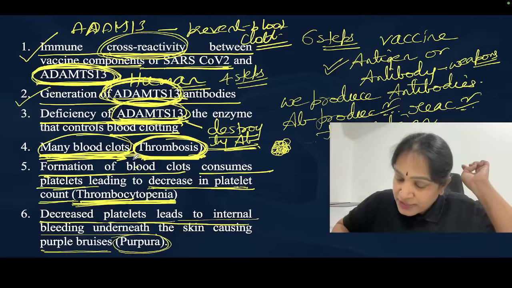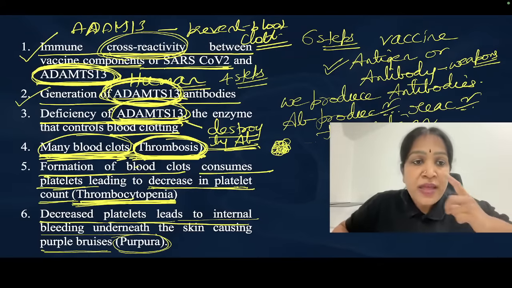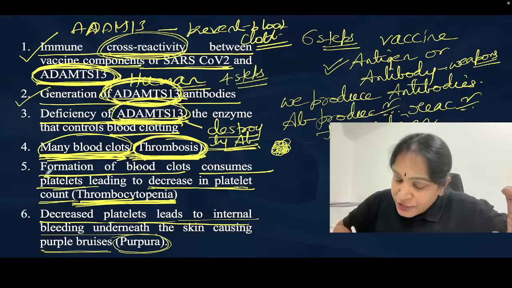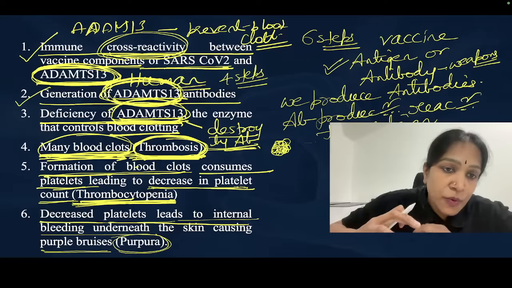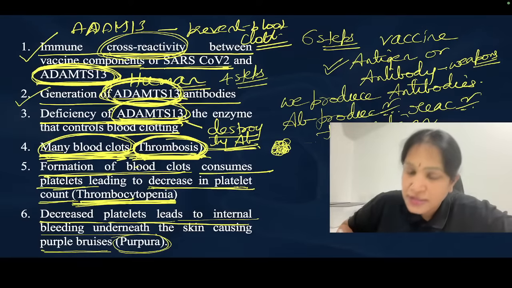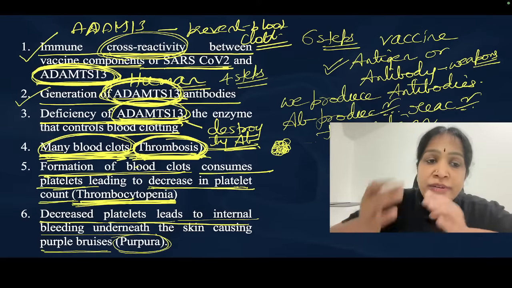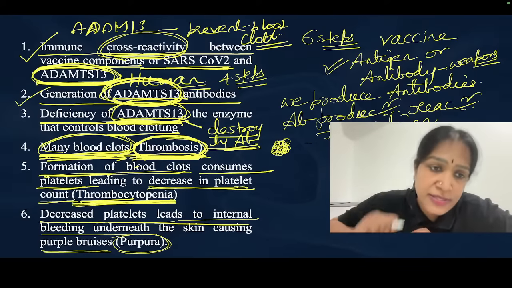That is thrombosis. And the formation of these blood clots will utilize the platelets. So, platelets are used for this thrombosis. Now, the platelet count in the blood decreased.